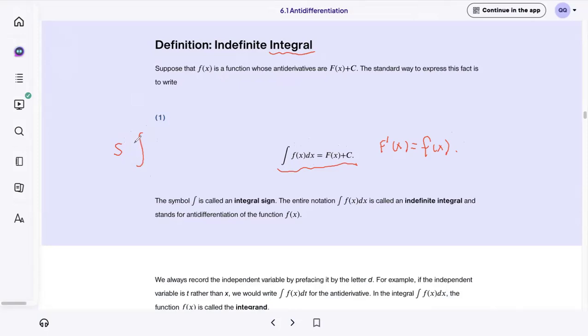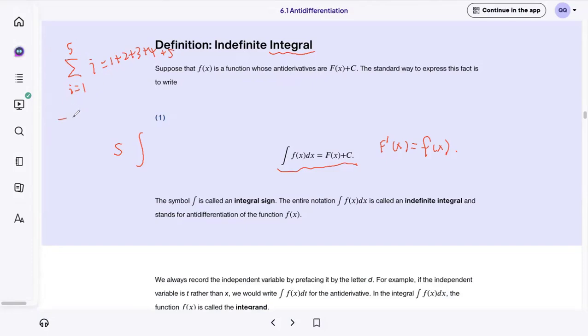Where does this come from? We know the summation sign, which means adding up things. For example, to add from i equals 1 to 5 of i, this means add 1, 2, 3, 4, 5. This is the summation sign, big sigma, and this is a finite number.